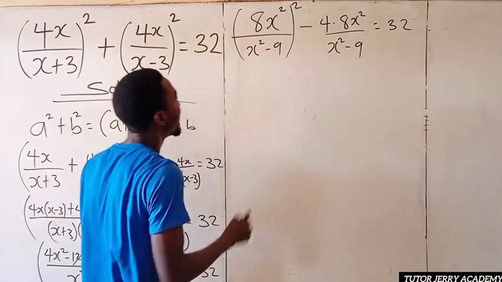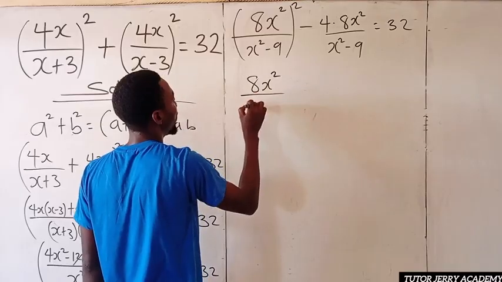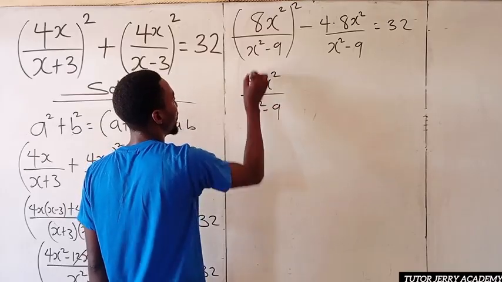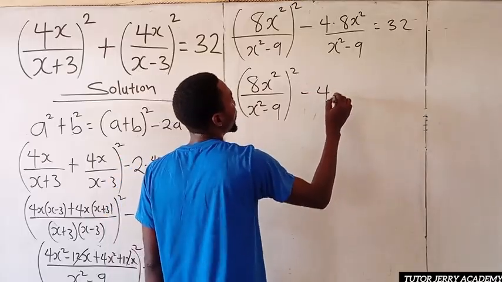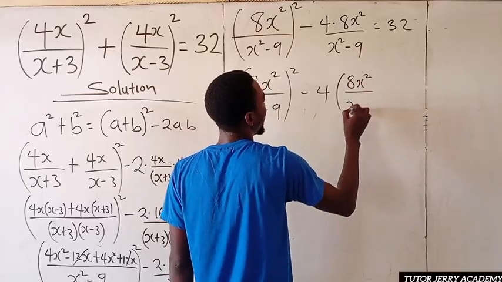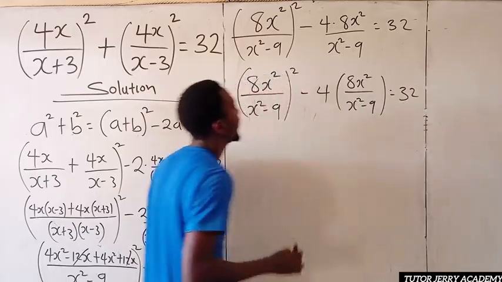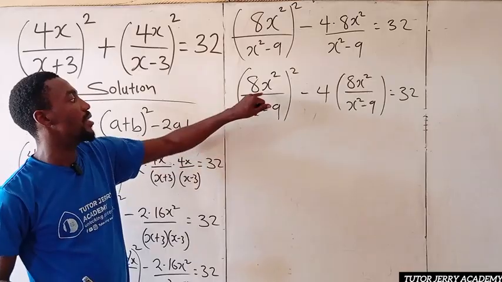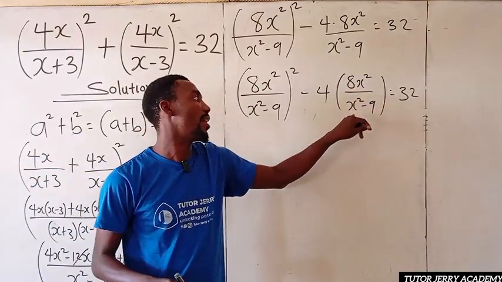So we can further rewrite this as 8s squared over s squared minus 9, all squared, minus 4 into 8s squared over s squared minus 9, equals 32. All right. So you can see that we have 8s squared over s squared minus 9 here.